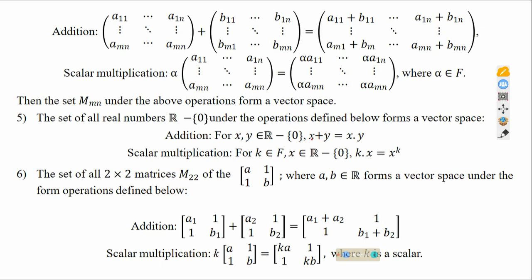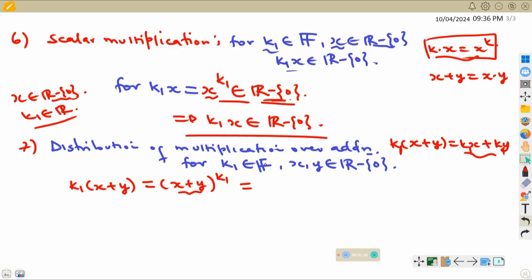Definition of the vectors x plus y is here: you multiply x times y. If you have a scalar, you get x to the power of k. So that is what we are using. So by definition, this one alone is the same as x times y, but we are powering this by k1.